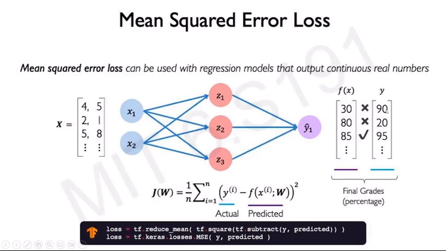What happened in reality? The student scored 90%. This student attended lectures 4 times and spent 5 hours on the final project, and the model predicted the student to have 30%. What happened in reality is 90, and that was why I put a cross.